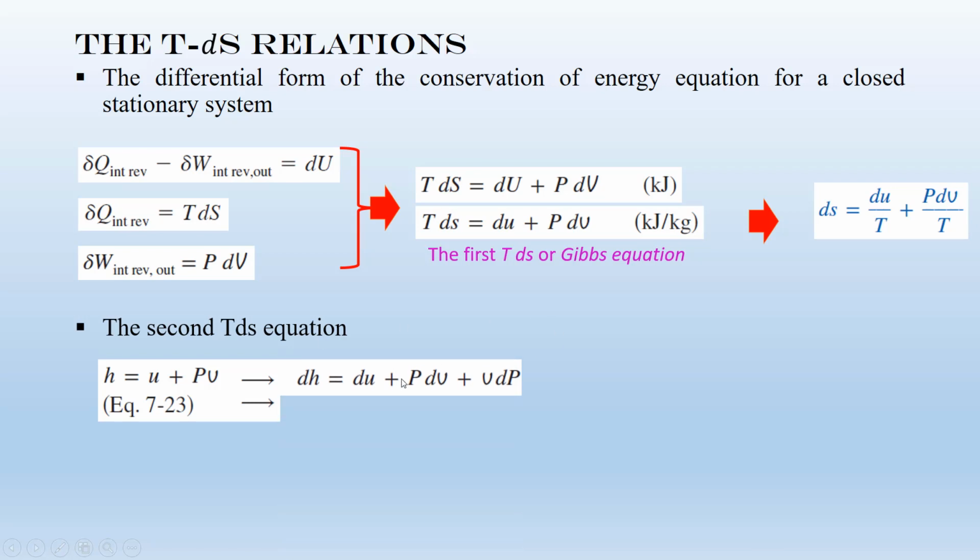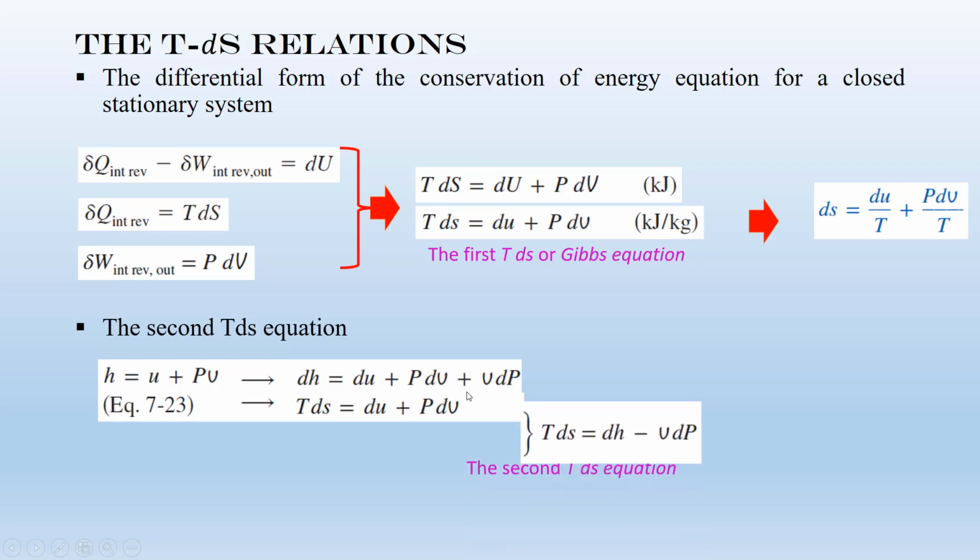Now let's compare this equation with the previous one. You can see that the du plus P d nu terms equal TdS, correct? So if you substitute these two terms from the first Gibbs equation, you can write dH equals TdS plus nu dP.